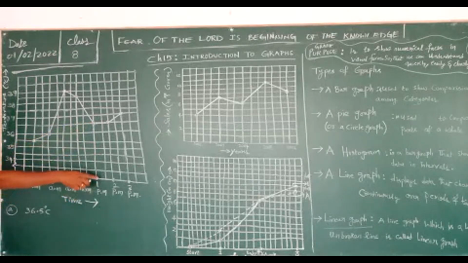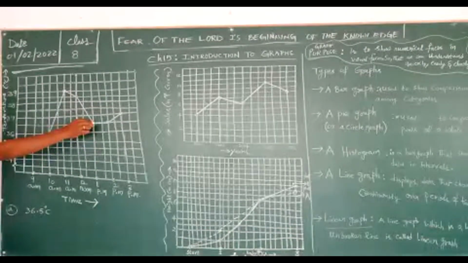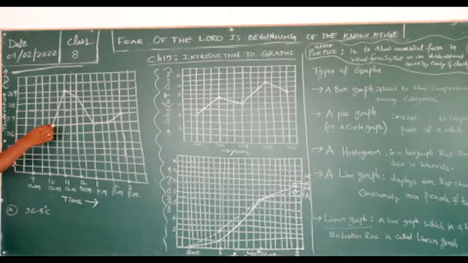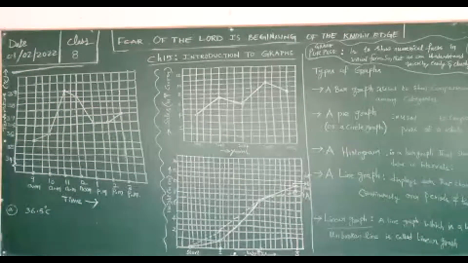Yes, this point indicates the temperature of the patient. Along this line you have to check, and this line is between 36 and 37. That is the reason it becomes 36.5 degrees Celsius. Everyone understood that? Okay, yes sir, good.